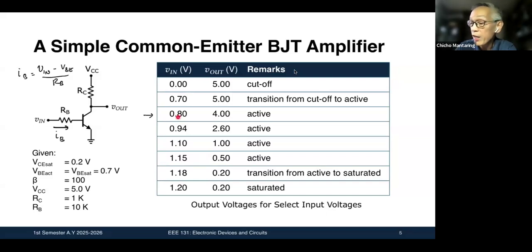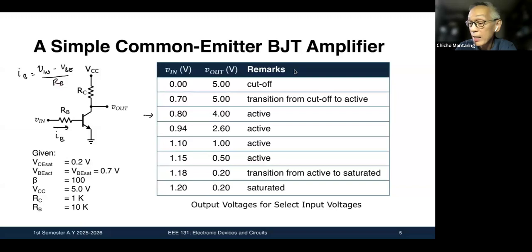So V in is 0.8, VBE is 0.7. So V in minus VBE is 0.1, RB is 10K. So what you get is 10 microamperes. You multiply that by beta to get IC.